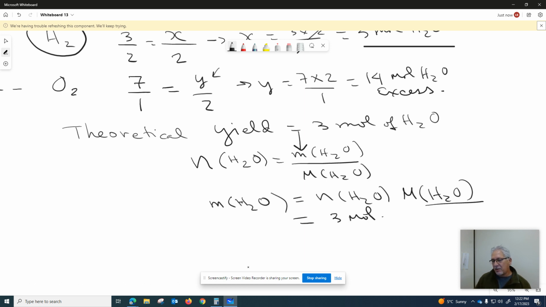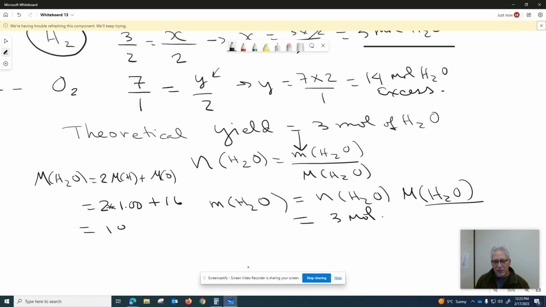And just let me refresh how to find the molar mass of water. Let me make it on this corner. The molar mass of water will be 2 times the atomic mass of hydrogen plus 1 times the atomic mass of oxygen. Looking at the periodic table, the atomic mass of hydrogen is 1.01, so I need to multiply this, plus oxygen, which is 15.99, I can round to 16.